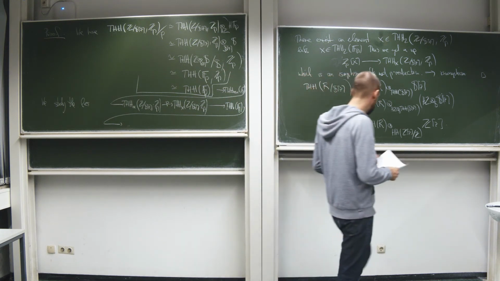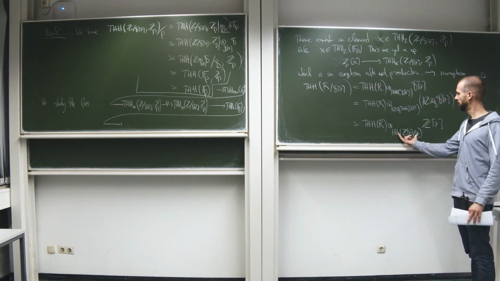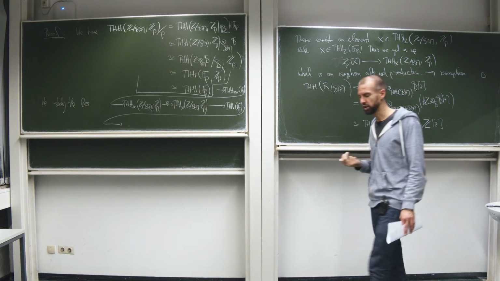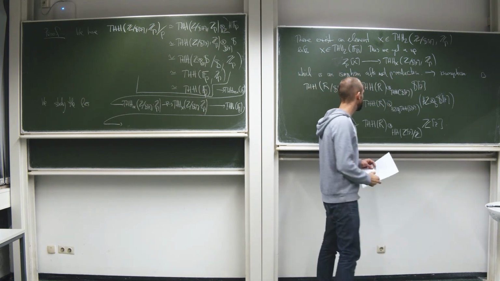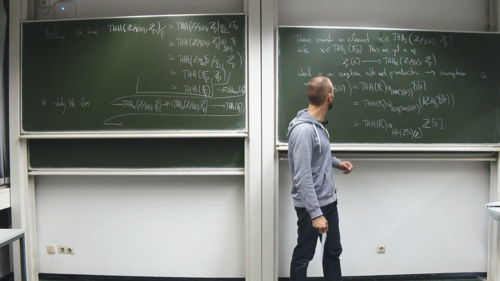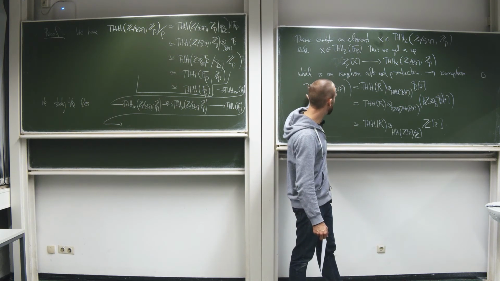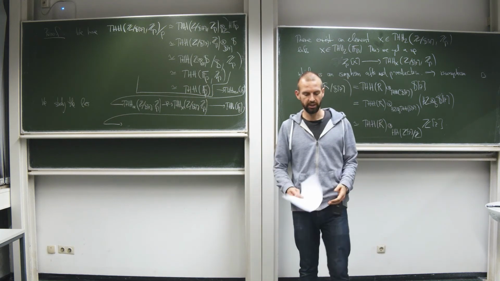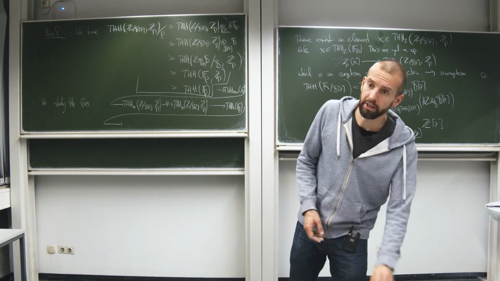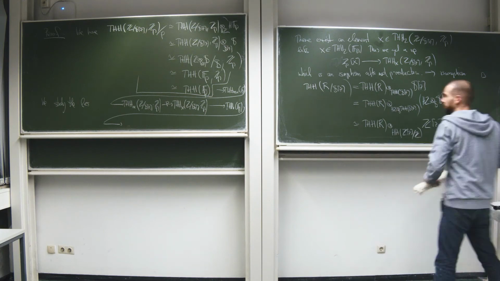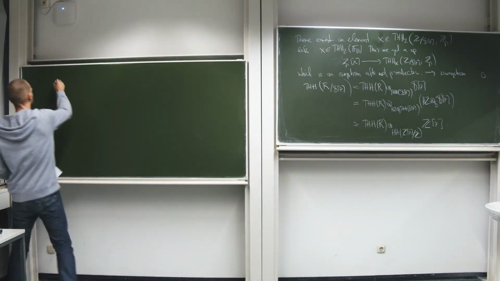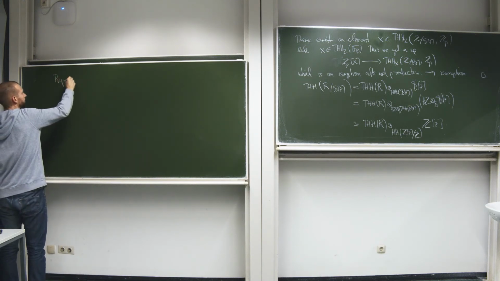And what we do now is, of course, we can filter this spectrum by means of its Postnikov tower, or equivalently, in this case, by its HKR filtration. And that gives us a filtration on the spectrum THH R, in fact, which somehow with associated graded we can identify, and that gives us a multiplicative spectral sequence, which takes the following form.